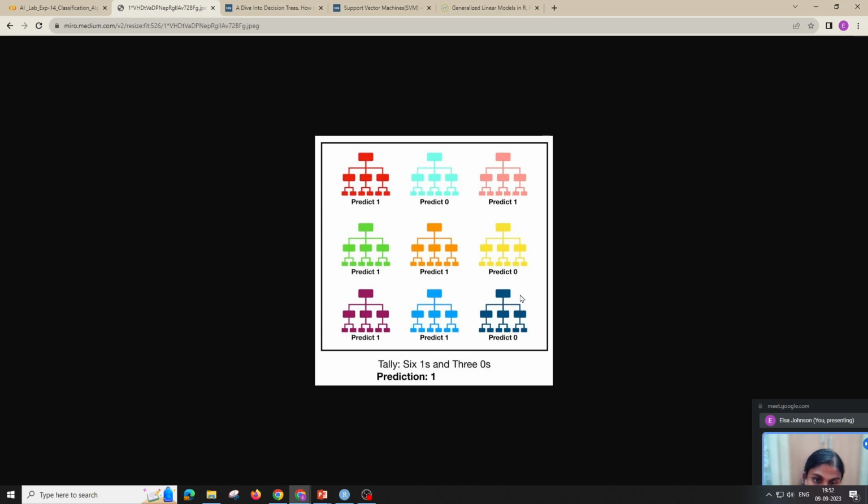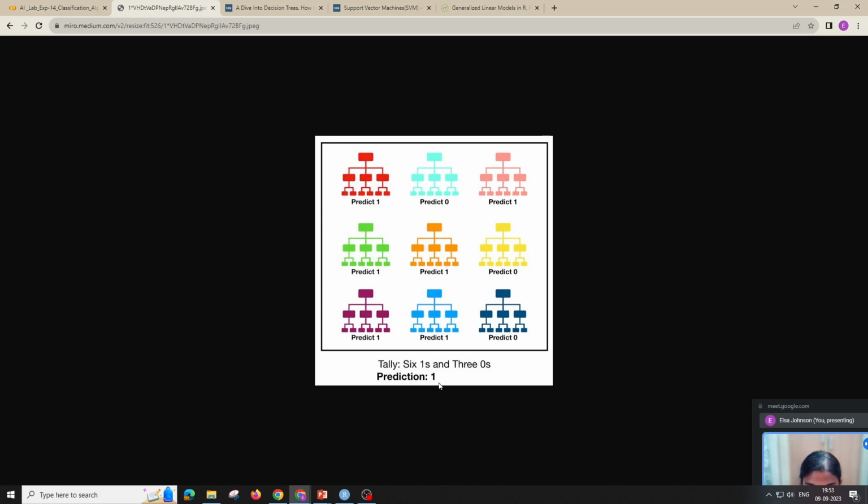What you will do in the random forest is see a tally of how many ones and zeros are identified by the decision trees. In this particular example, this decision tree as well as this one and this one are predicting 0, and the rest are predicting 1. So there are 6 ones and 3 zeros, so the higher number is for ones.